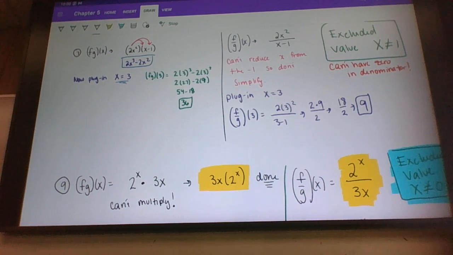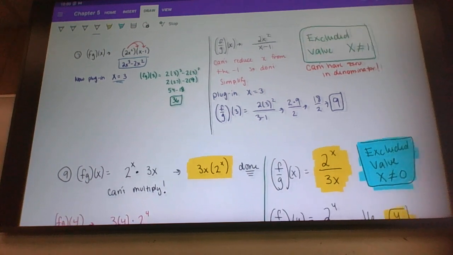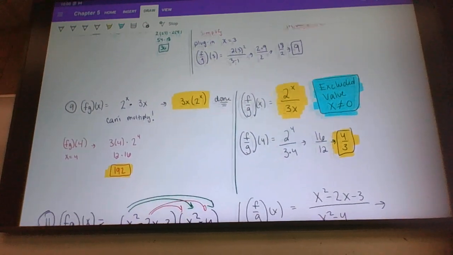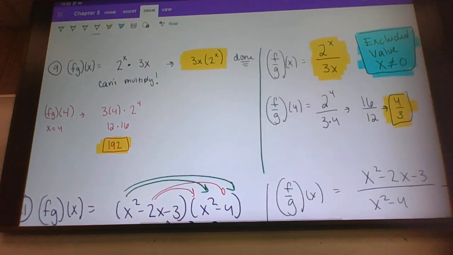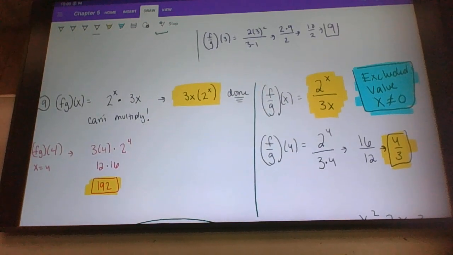Alright. What's x? Negative 3. So we just simplify it. 41.3. Oh, I thought mine was for 6. Let me do it first. Don't tell me the answer.